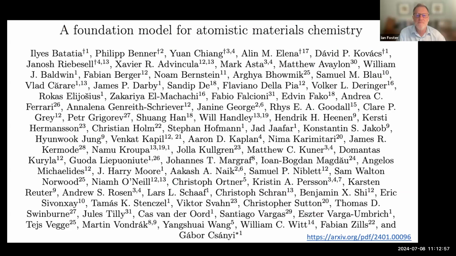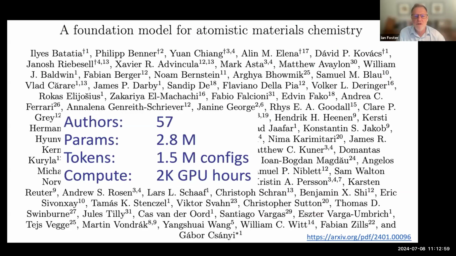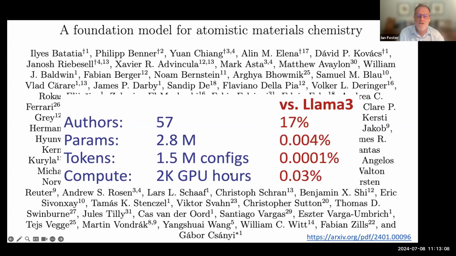It has 57 authors. The model is 2.8 million parameters, 1.5 million configurations, 2,000 GPU hours. So you can see the size relative to Llama 3 is really quite tiny.